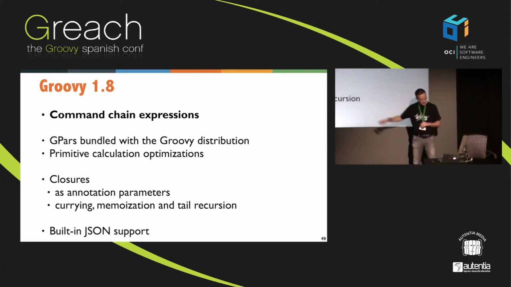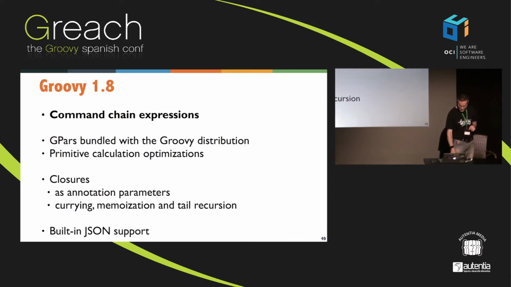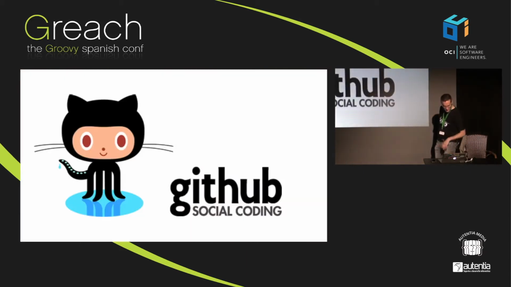And I also fondly remember implementing the JSON support, so that's a nice one. And Cédric joined the Groovy team. We moved the sources to GitHub, instead of Git on Codehaus.